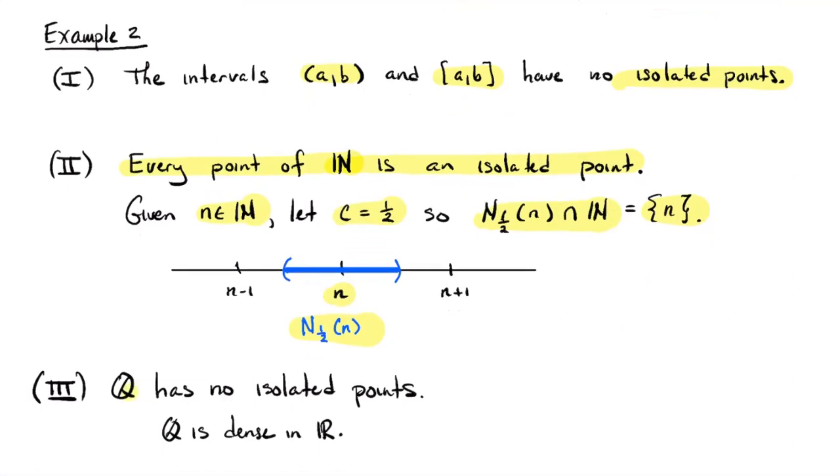Q doesn't have any isolated points. That follows from the density of Q. If you pick some x in Q, a rational number, and then take any epsilon, I should have called it epsilon to match the definition, well, then the epsilon neighborhood of x actually contains infinitely many rational numbers.